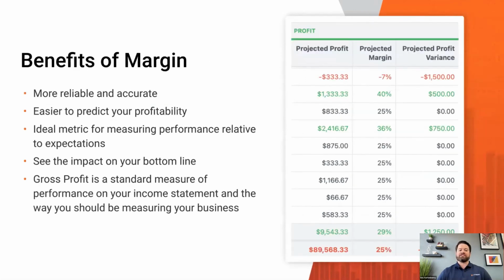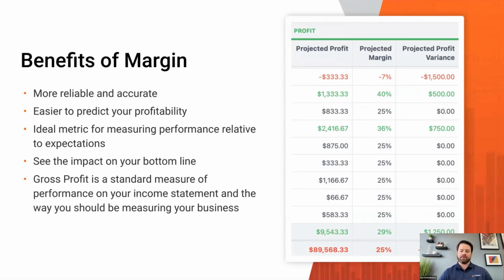Some of the benefits of margin, though, as I've said, it's much more reliable. It's much more accurate for you to be able to price that job and know how much you're going to make at the end of that job. It's easier for you to predict your profitability because you're baking it into the price of the job. It also gives you an ideal metric for measuring your performance relative to your expectations.